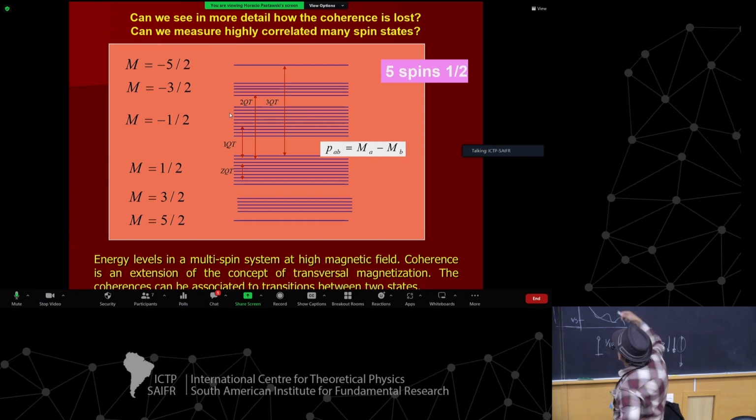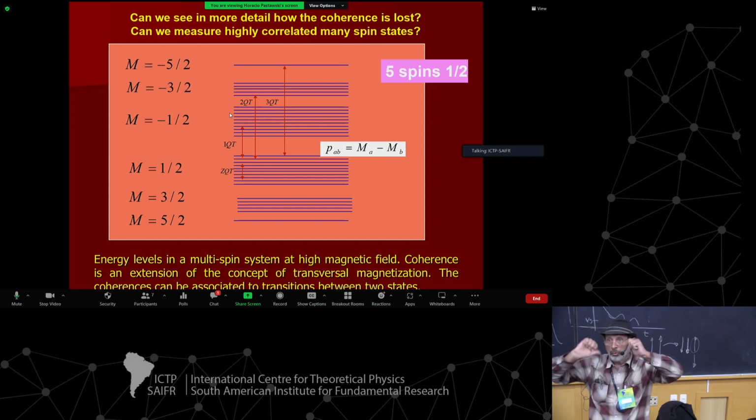But now the interaction starts mixing these because you have coherencies. You no longer live in one part of the Hilbert space, but in a combination, because of the Hamiltonian, of this with this other. These are the multiple quantum coherences, and you name these coherencies according to the number of spin projections they relate.